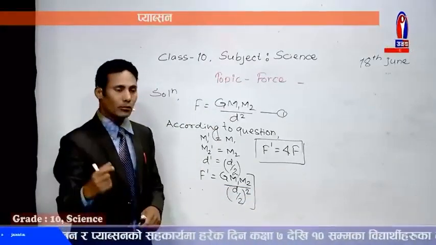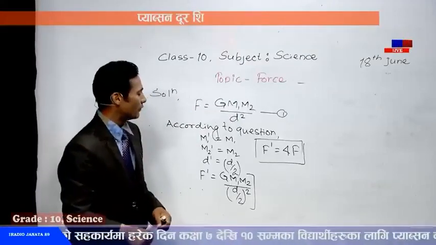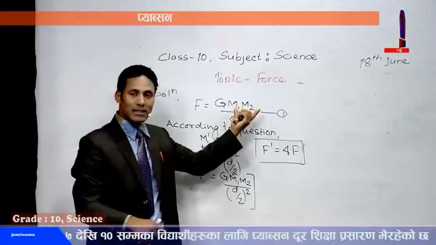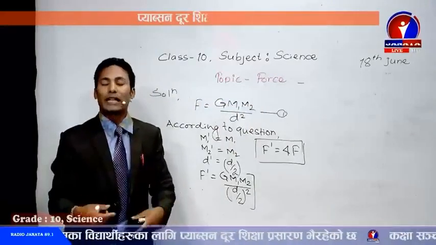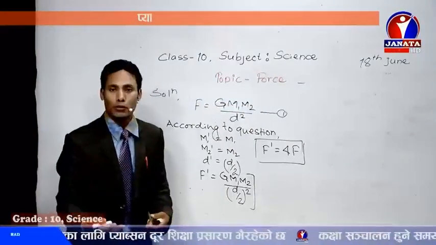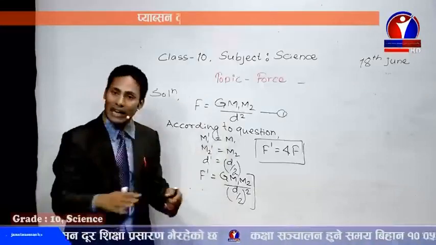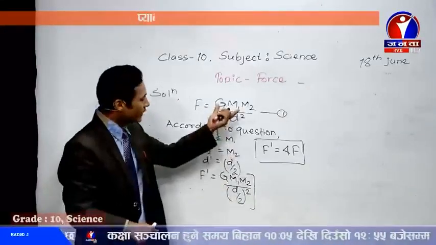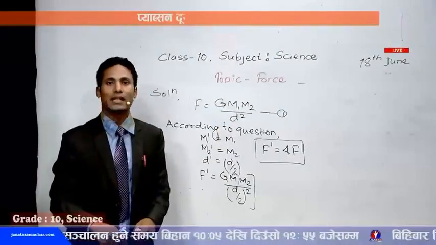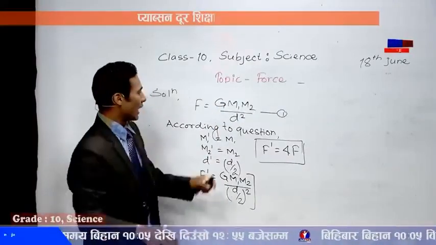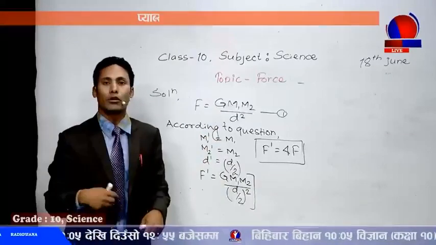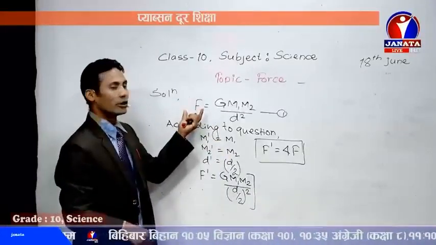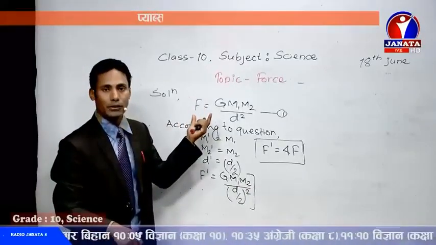Some assignments I have given previously also. Try to find the changes by varying the mass yourself. You can double it, triple it, or decrease the mass by half. Try to solve by varying the mass as well as the distance, and then you will know what kind of changes there will be in the gravitational force.